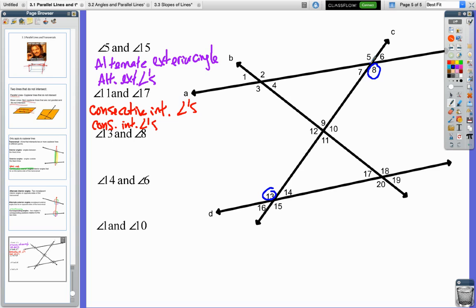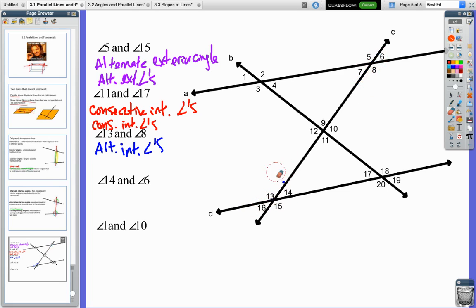Angle 8 right here is made up of line C and line A. This one is made up of line C and line D. Transversal wise, they're on opposite sides, so they're alternate. Are they in between the two lines or outside the two lines? They are in between, so they're interior. Alternate interior angles. Good. You guys are doing well.